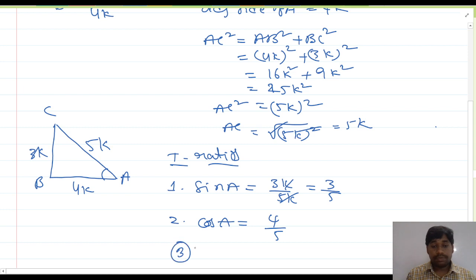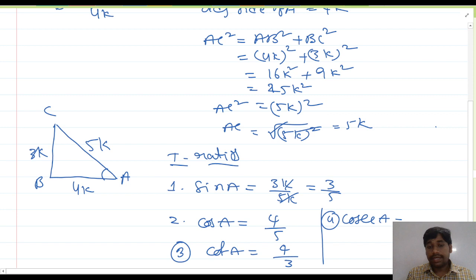Okay, third one, cot A. Reverse of tan, that is 4 by 3. Fourth one, cosec A. Reverse of sine, it is 5 by 3. Next, fifth one, sec A. Reverse of cos, 5 by 4. Okay, I hope it is clear to you.